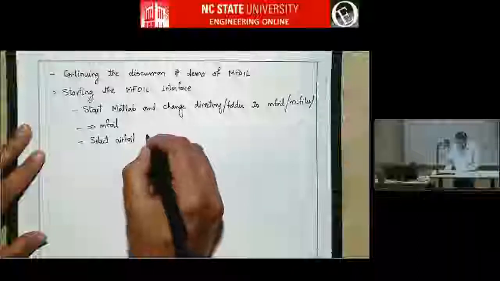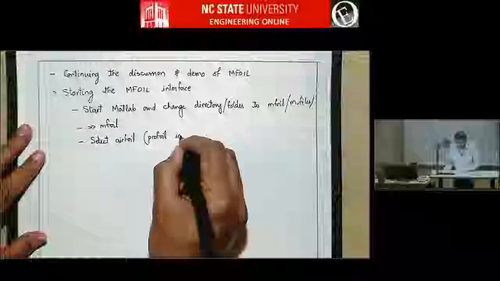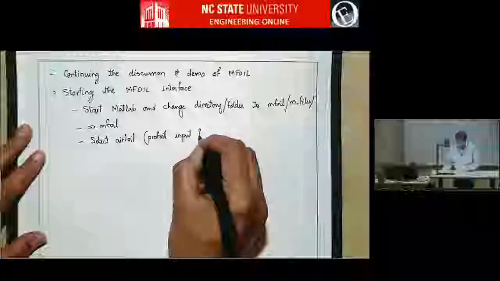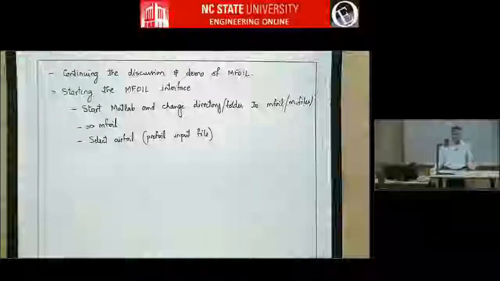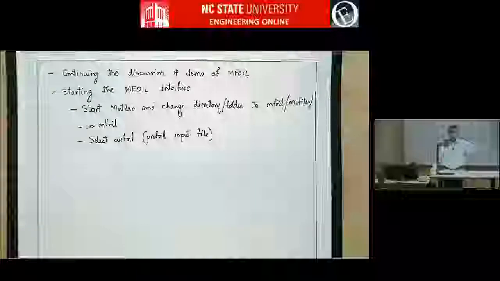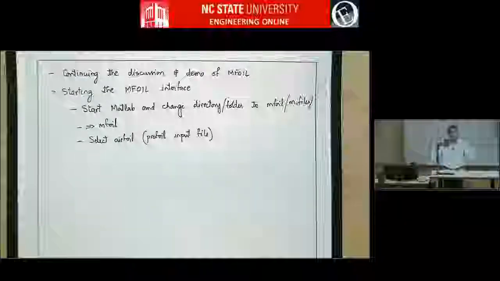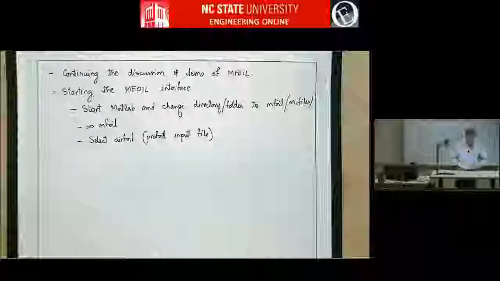The meaning of select the airfoil is select the Profoil input file. This input file has the complete definition of the airfoil in a way that the Profoil Fortran design code understands. So when you select this input file, Profoil will run this and then it will design the airfoil and plot it, right? That's the meaning of select airfoil.